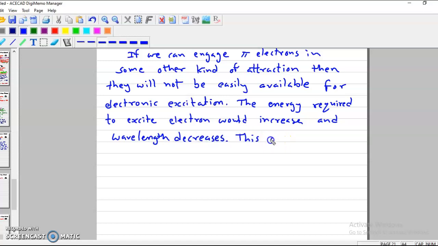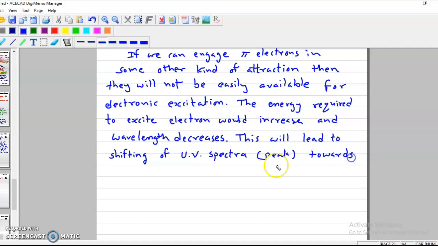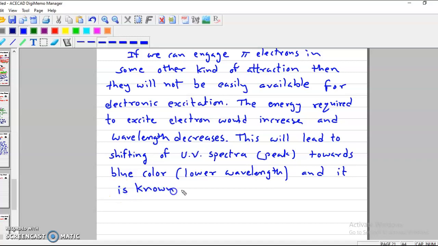This will lead to shifting of UV spectra, that is peak, towards blue color, that is lower wavelength, and it is known as hypsochromic shift or blue shift.